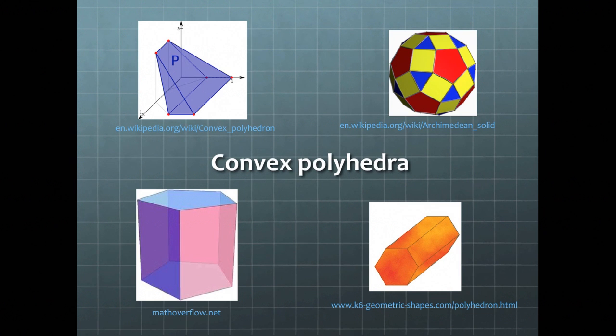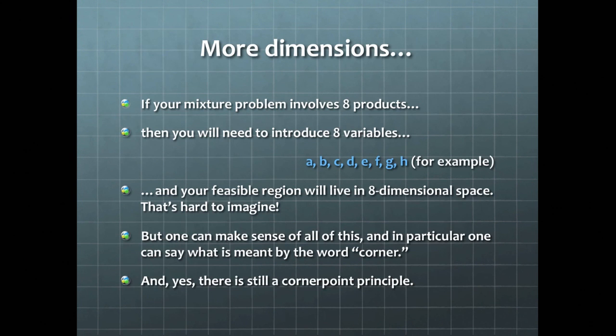What if you have 4 products? What if you have 8 products? What are you going to do? The answer is you have to work in that dimension space. For example, if your mixture problem involves 8 products, then you will need to introduce 8 variables, let's say the first 8 letters of the alphabet, A, B, C, D, E, F, G, and H, and then your feasible region will live in 8-dimensional space.